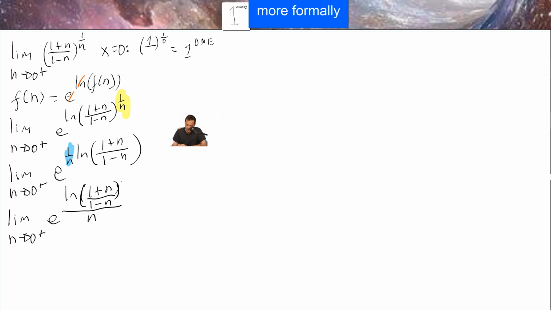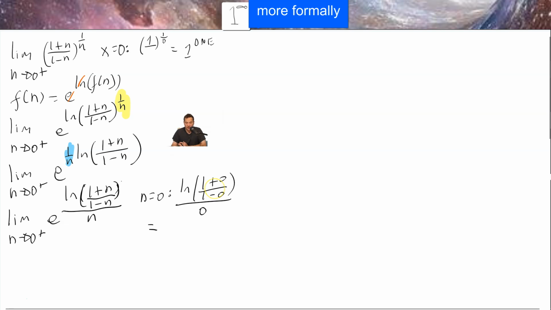Okay, there will be a very specific consequence. Pretend for a second that I am going to let n have the value 0. So I would have ln of (1 plus 0) over (1 minus 0), over 0. If you work this out, it's going to give you ln of 1 over 1, which is ln of 1 over 0, but of course ln of 1 is 0.